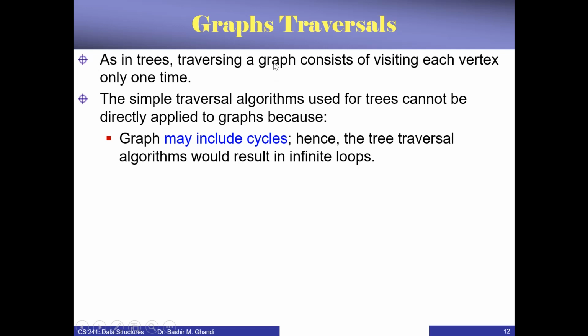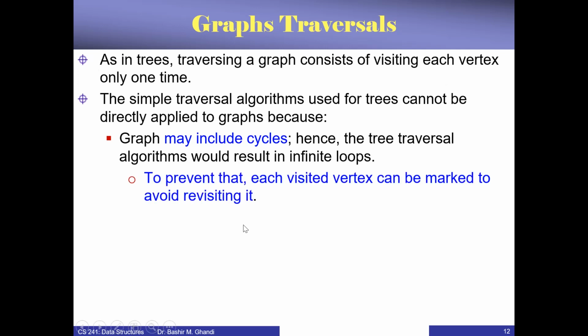If you're doing a depth first, we keep going to the left and deep until we cannot reach any vertex anymore. Then we come back and take another track and so on. Now the problem with that is in graphs, a vertex may take you to another vertex that you have already visited before. So you may end up in an infinite loop. So that's what we are saying here, that graph may include cycles. Hence, the tree traversal algorithm will result in an infinite loop. This is one issue.